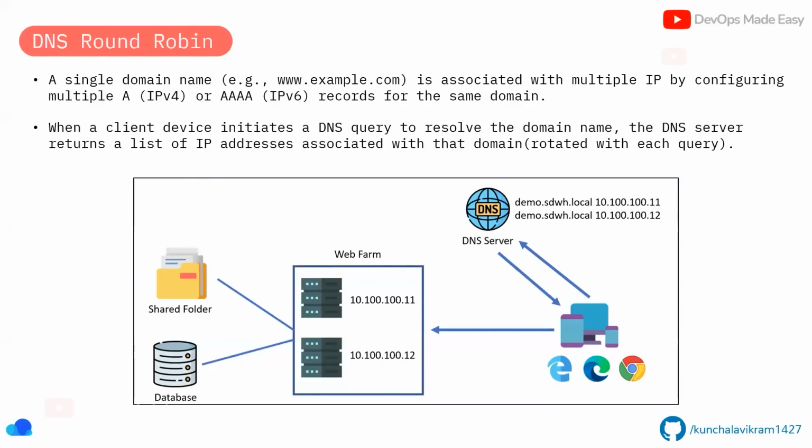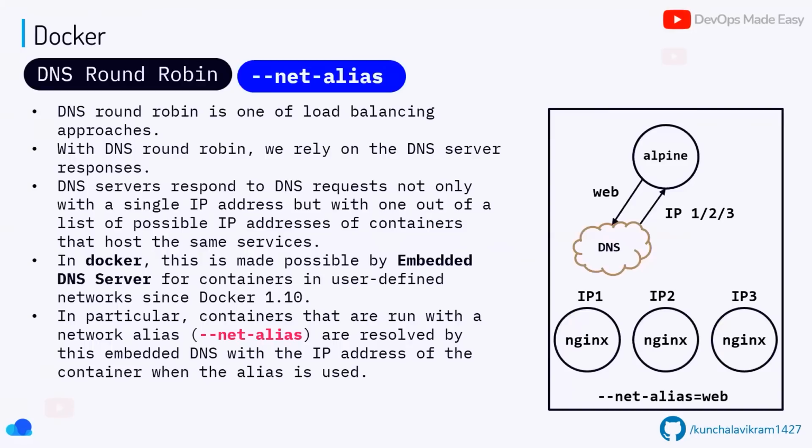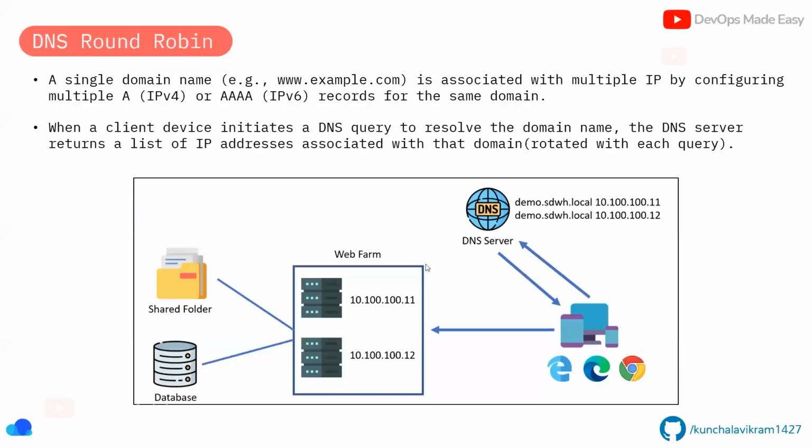Now coming to DNS round robin load balancing. This is also one type of load balancing where a single DNS name, let's say I have a DNS name like www.google.com, will have multiple IP addresses as a mapping.